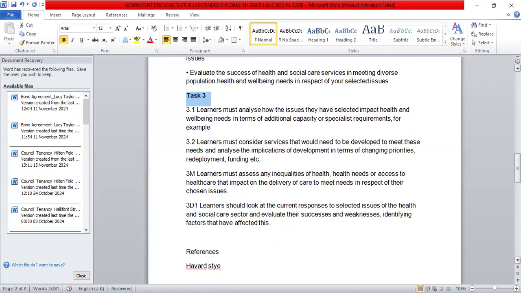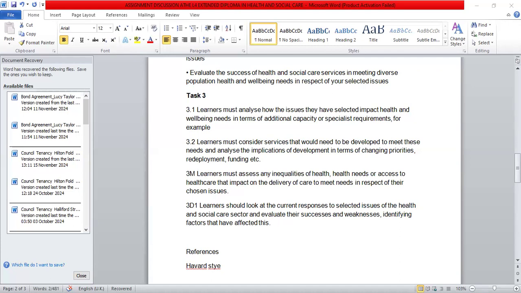Okay, so for 3.1 and 3.2, what we expect that you should be able to achieve is, one, you should be able to analyze how the issues that have been selected impact health and well-being needs in terms of additional capacity or specialized requirements.